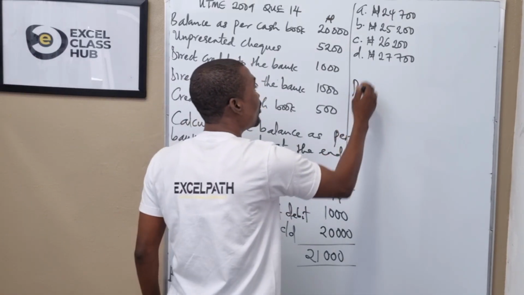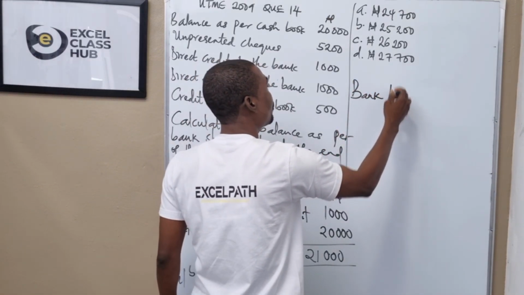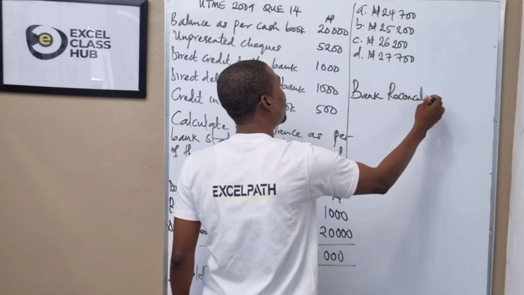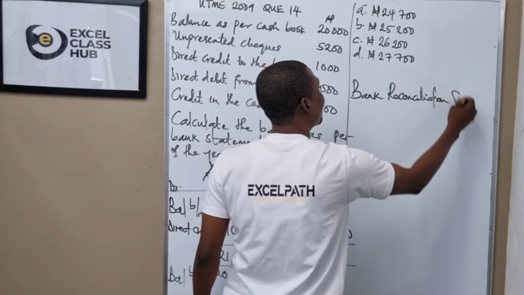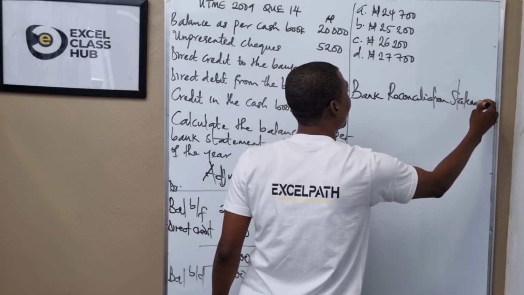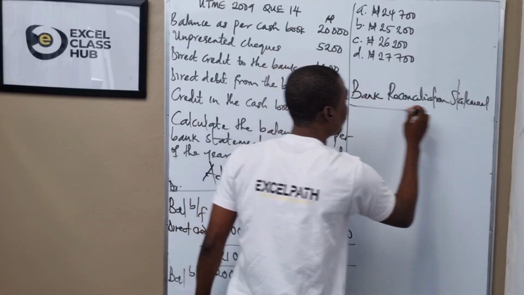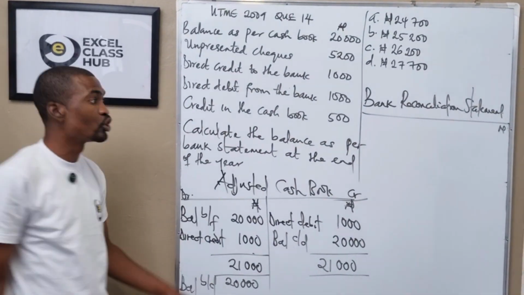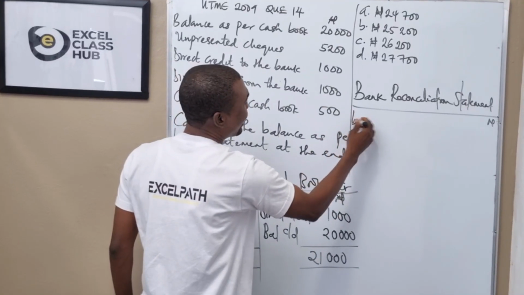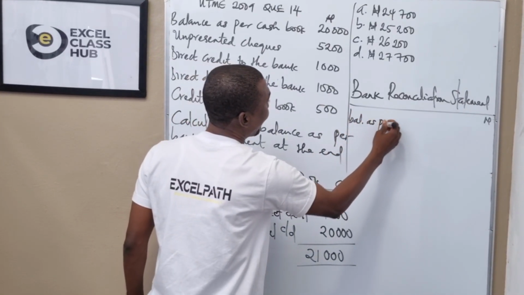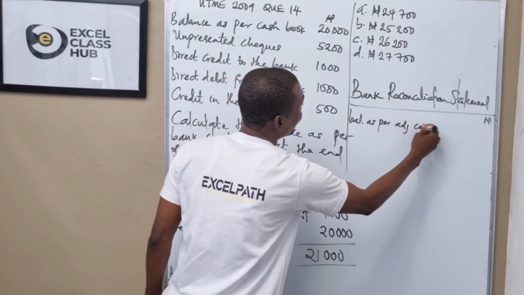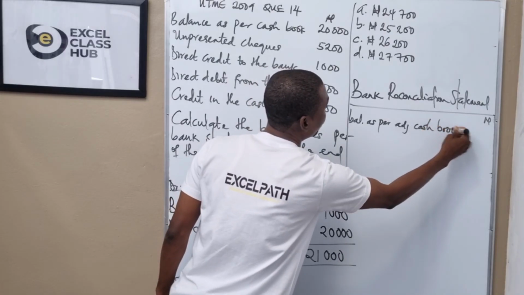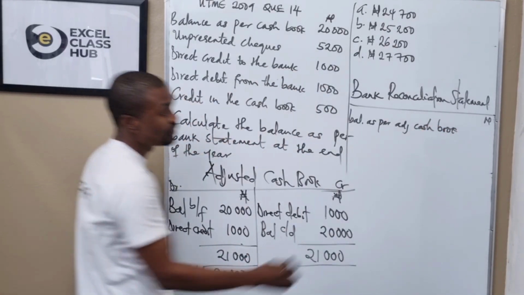So we have bank reconciliation statement. Now, we have adjusted our cash book. So you come here and write balance as per adjusted cash book. How much is it? That's 20,000.